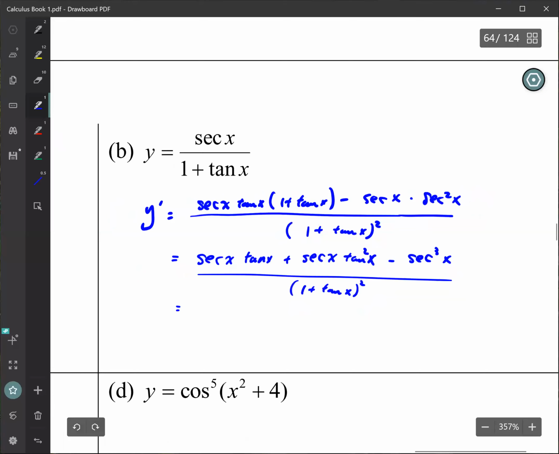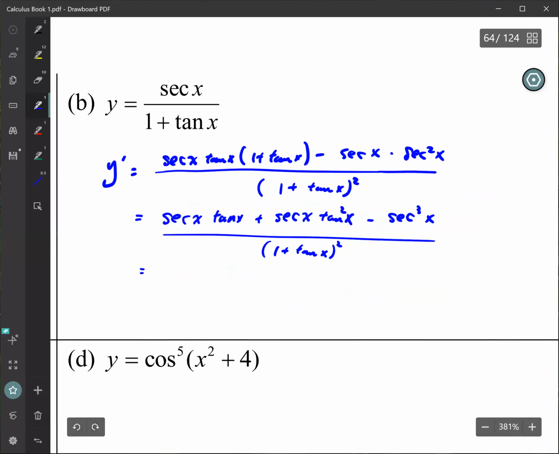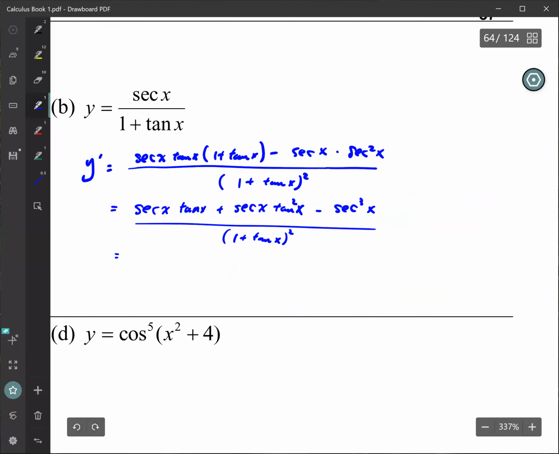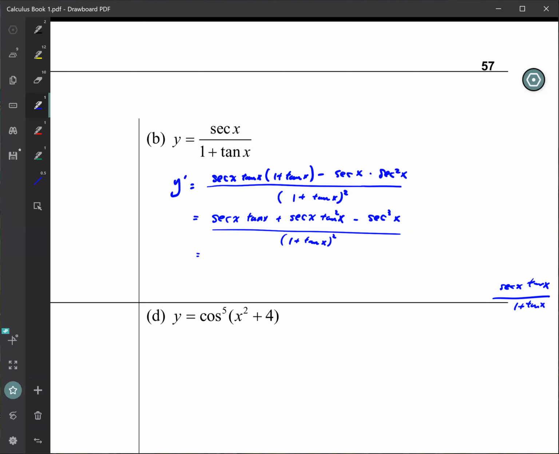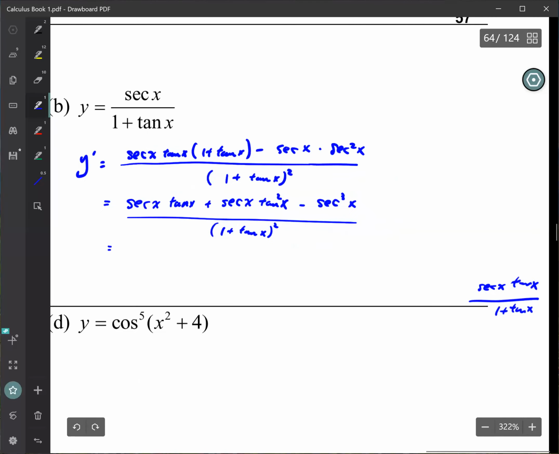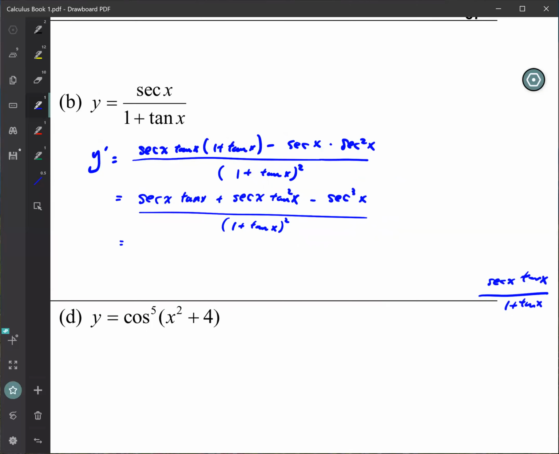And then what? Anyone simplify to the end? What do you guys have? What's the final look? It's secant x tan x over 1 plus tan x. Like that? That's it? Wait, hold on. I don't know why we expanded in the second row. I'm just saying maybe we'll expand.